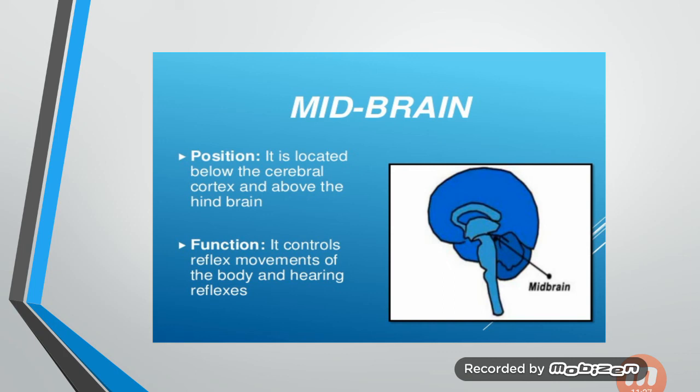Reticular formation is very important in screening the input information before it reaches the higher centers of the brain. It also contains the auditory relay centers. The function of the midbrain is to control the reflex movements of the eyes basically. It is located below the cerebral cortex and above the hindbrain.